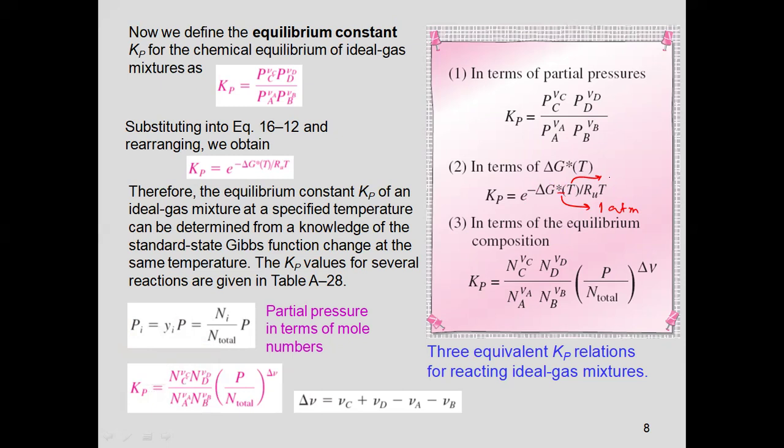And this is the absolute temperature. And the third one is the equilibrium constant in terms of the equilibrium composition.